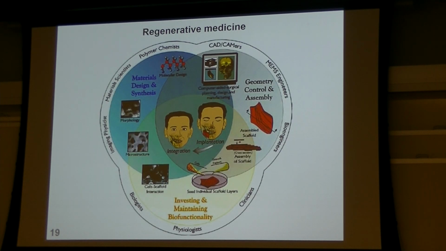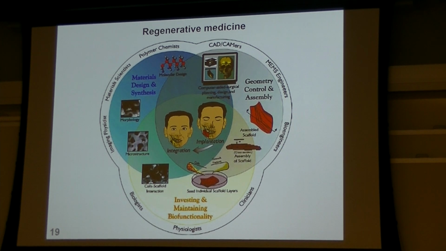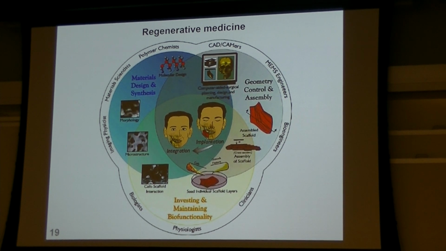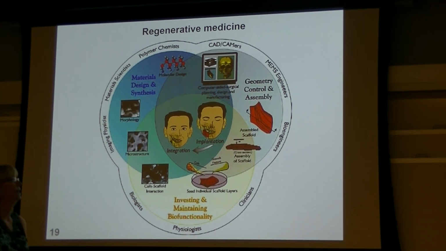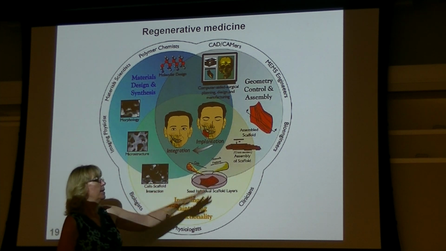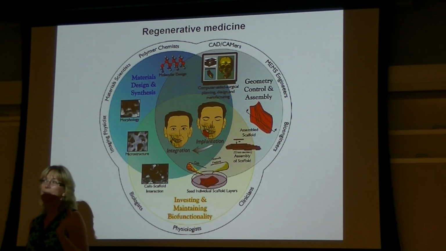Then there's another related field here, thinking about taking stem cells and trying to build them not into just individual cell types, but into whole organs. And this is a field known as regenerative medicine, because it's going to involve the intersection of several different fields.